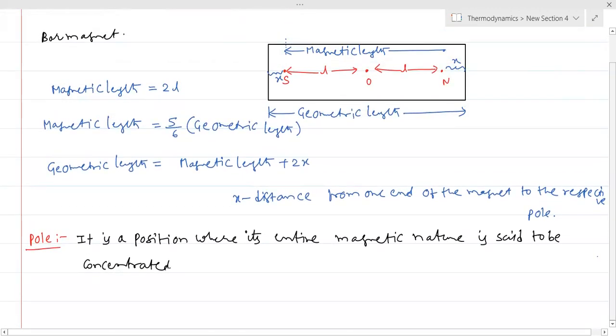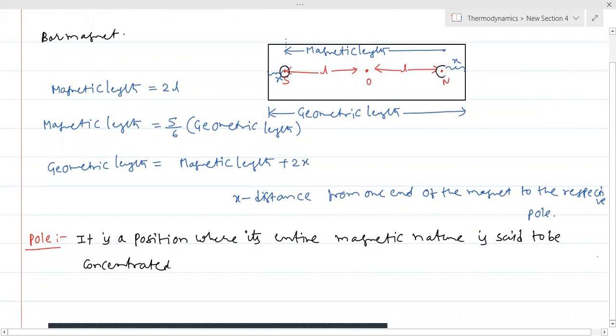For example, in the present example, this is the south pole and this is the north pole. Its magnetic nature is entirely focused at this point as well as this point.